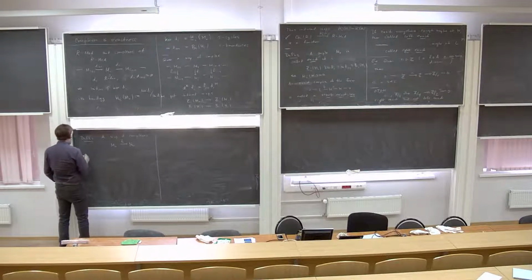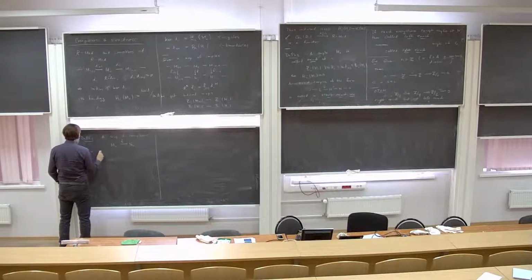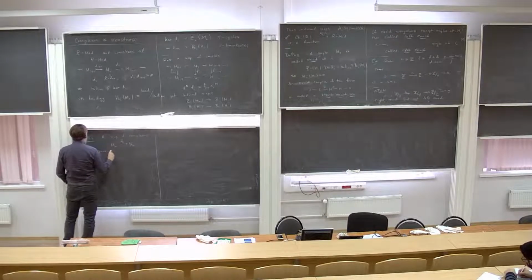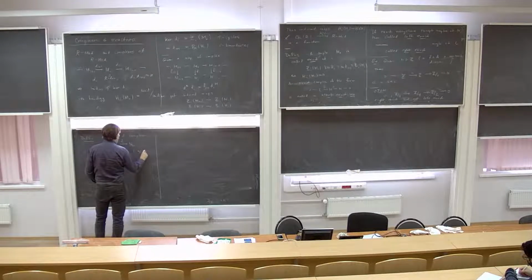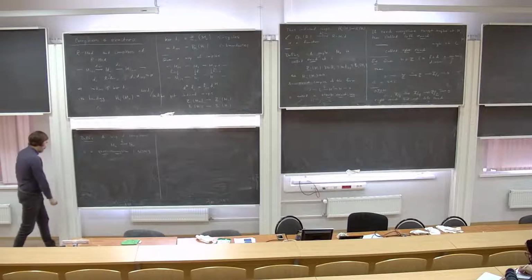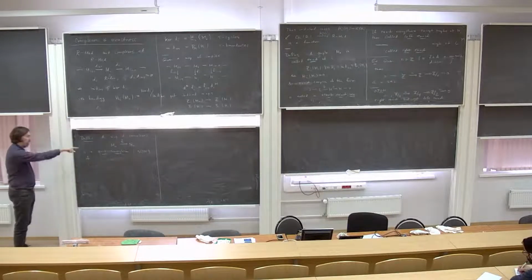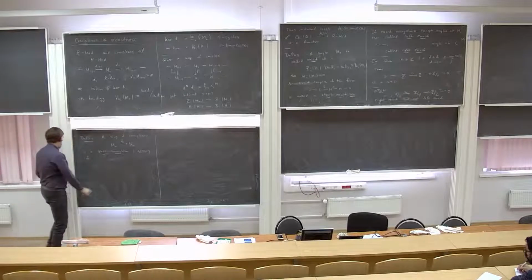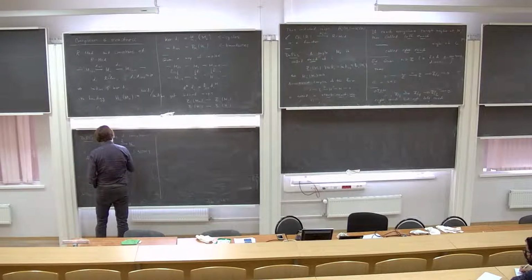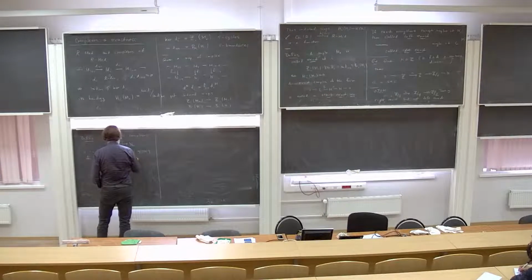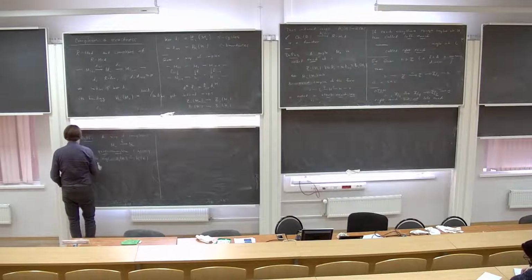So a map of complexes is a quasi-isomorphism, and we'll abbreviate that to a quism often, if the map in homology is an isomorphism in every degree. So this is for all i.